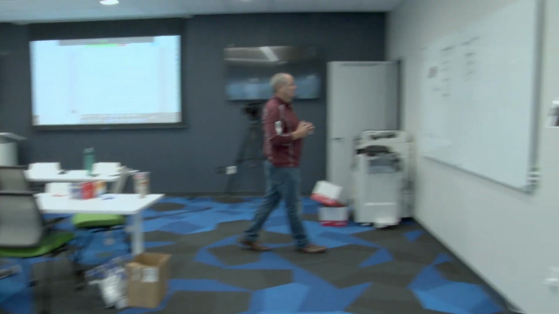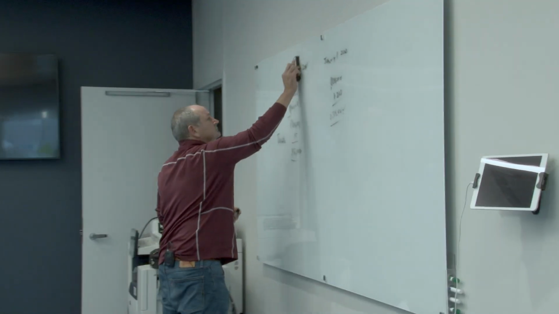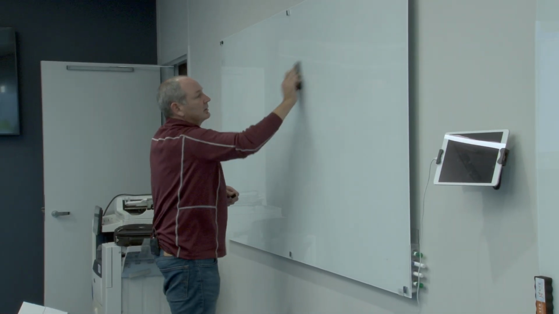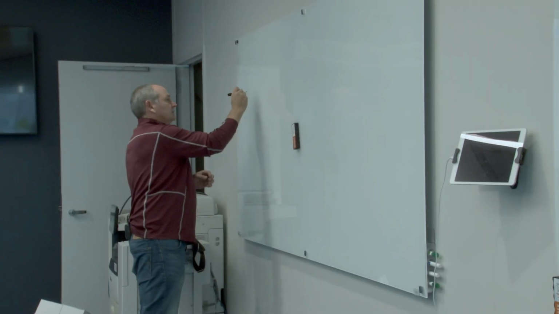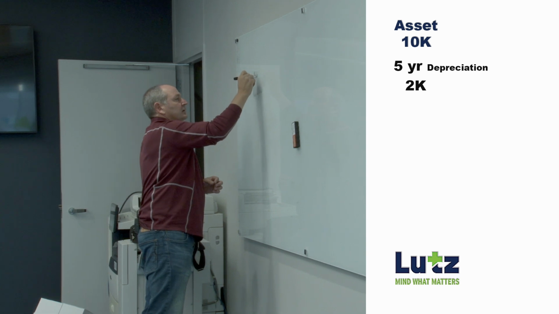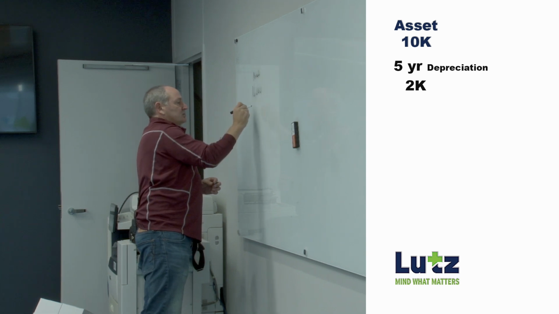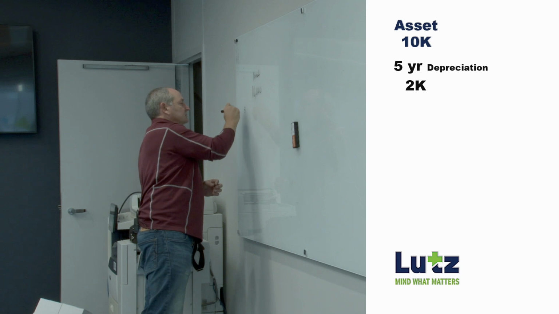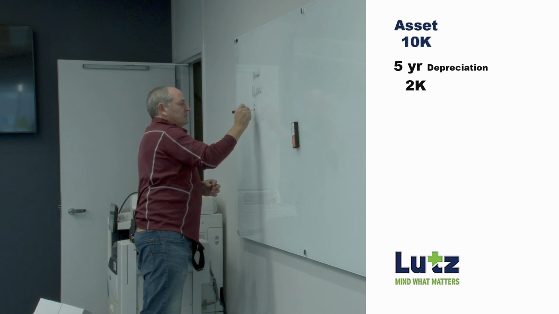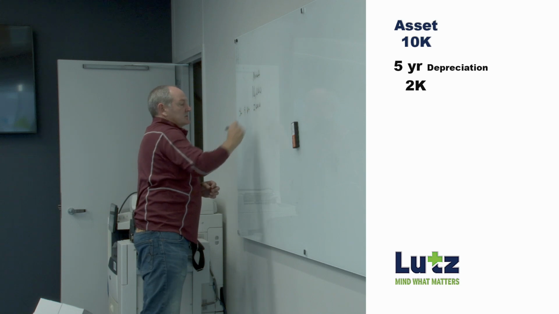Okay. So I think what Chris was saying, and correct me if I'm wrong, Chris, is that a company bought an asset for $10,000, correct? And in a straight line over 5 years, that's $2,000 a year of depreciation.